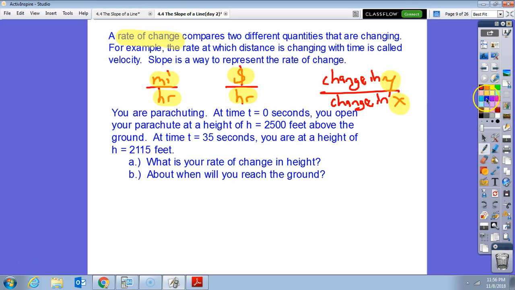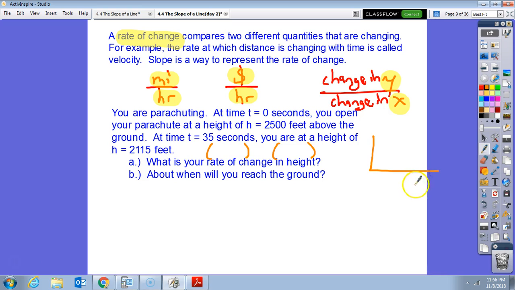So I've given you an example here below. This example is parachuting. At 0 seconds, you open your parachute at 2,500 feet above the ground. At 35 seconds, you're at a height of 2,115 feet. Guys, that is 2 points of information.